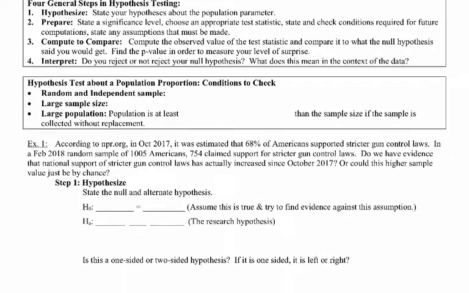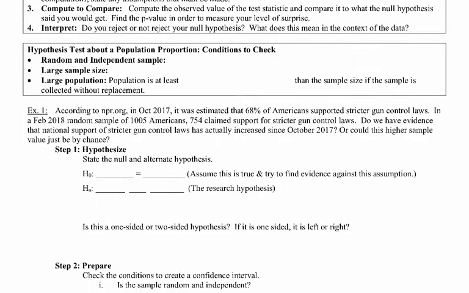So there are a few conditions that we should check before we run a hypothesis test, and these are the same conditions we used for the central limit theorem back in Chapter 7. First, the sample has to be random and independent, so each observation is independent of the others in the sample.